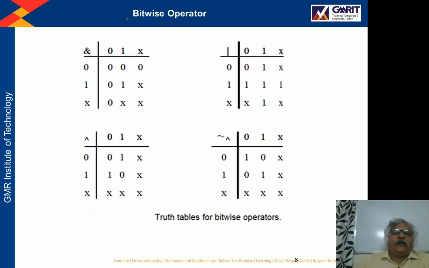This is the truth table of the bitwise operators. We see this for the AND operation, right? This symbol indicates the AND operation.